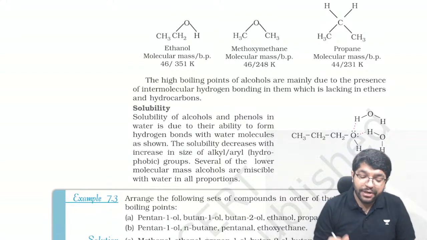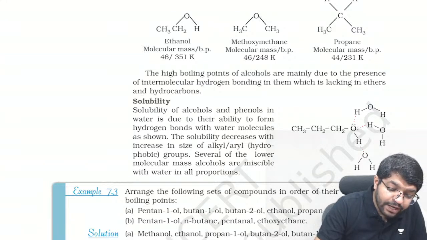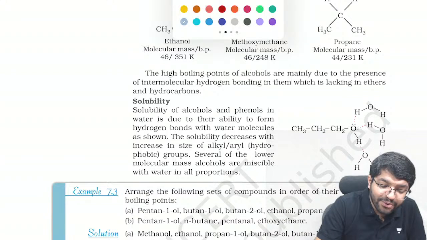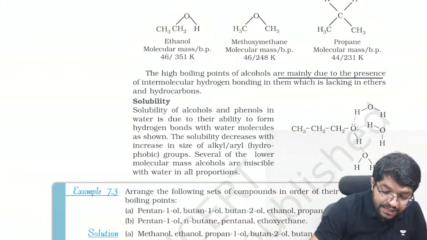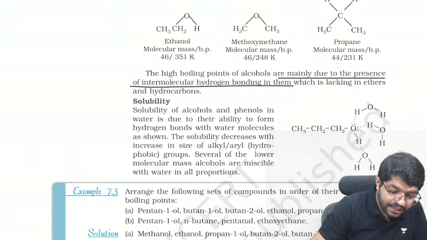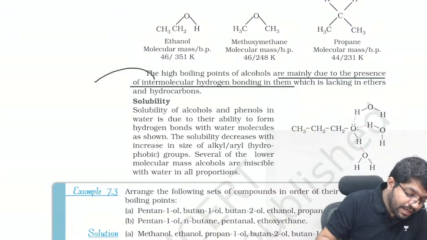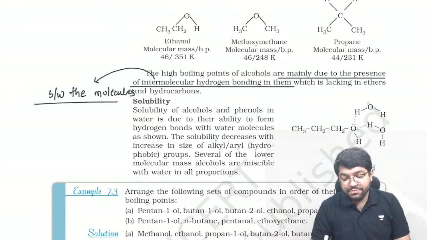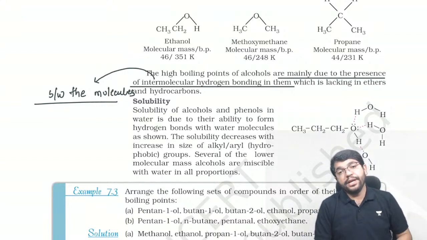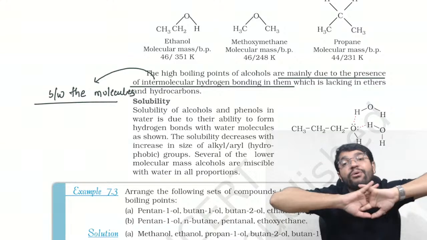The high boiling point of alcohols is mainly due to the presence of intermolecular H bonding in them. When I talk about intermolecular, I always mean between the molecules. I am 1, you are 2; the bond between 1 and 2 is intermolecular.